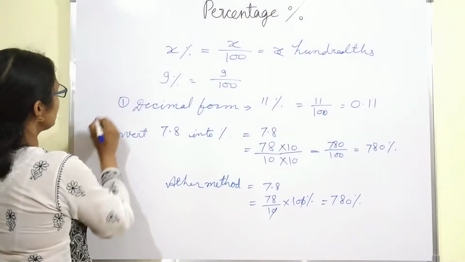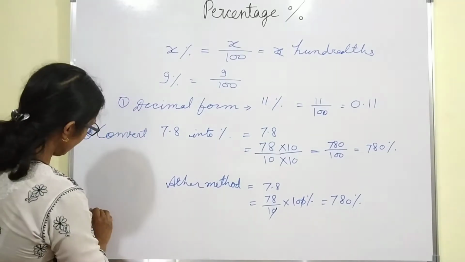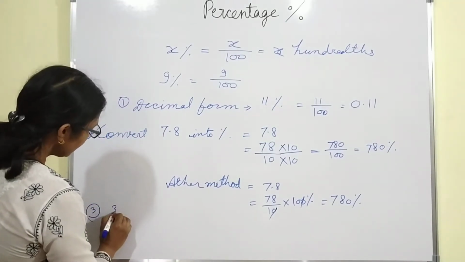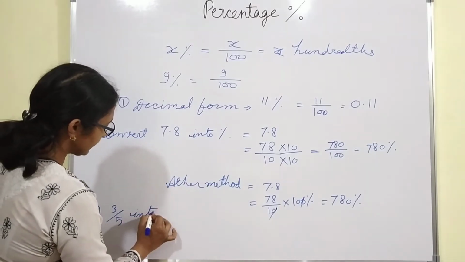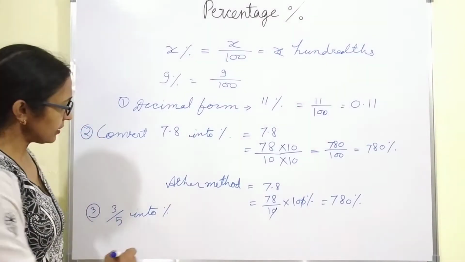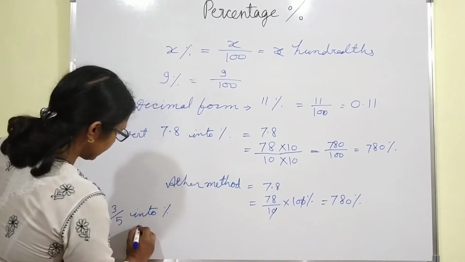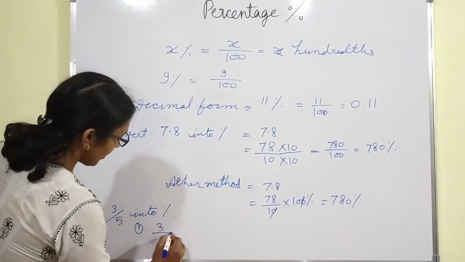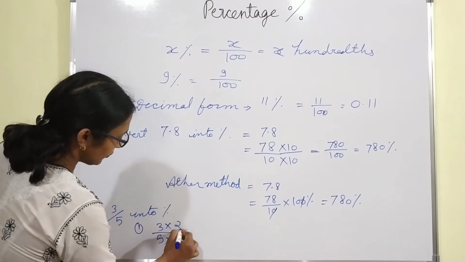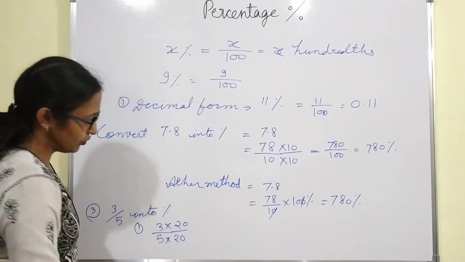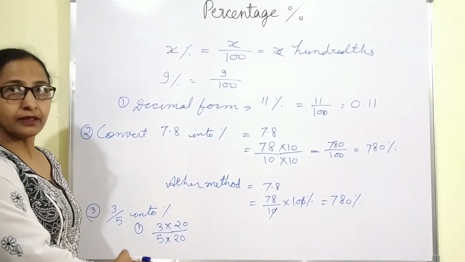This is the first question. This is another. Now the third one. Convert 3 upon 5 into percent. So the first method is 3 upon 5, multiply by 20 in numerator and denominator to make the denominator 100.